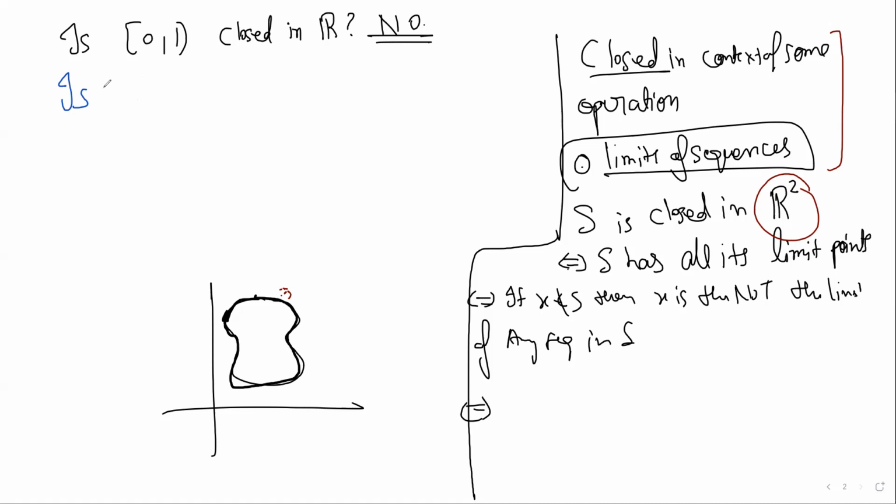And here is the question. Is [0, 1) closed in X, where I'll replace this by X, closed in minus infinity to 1?